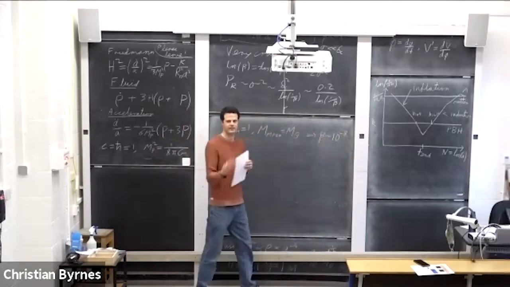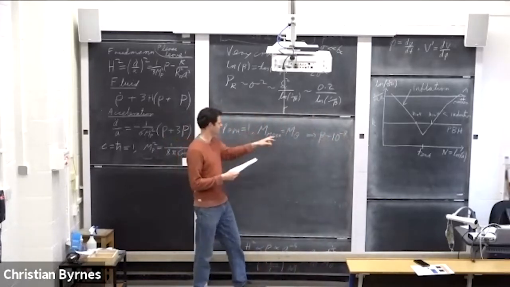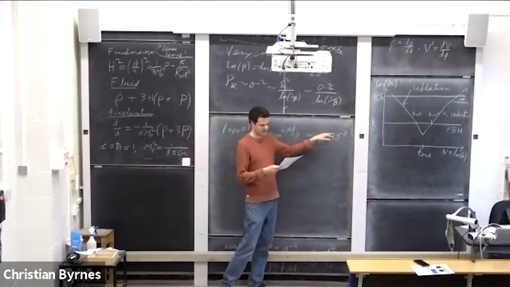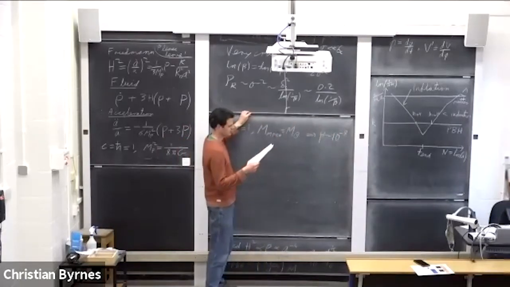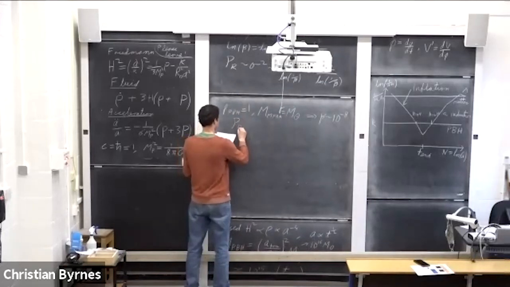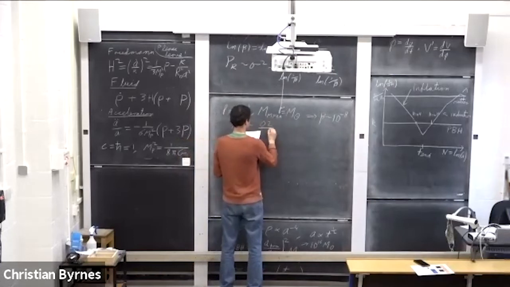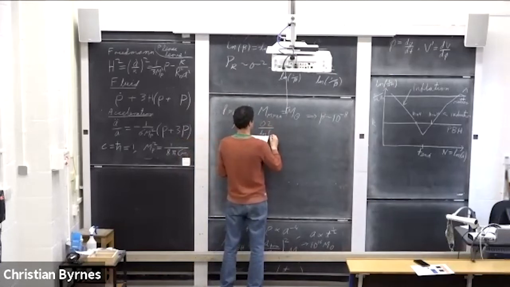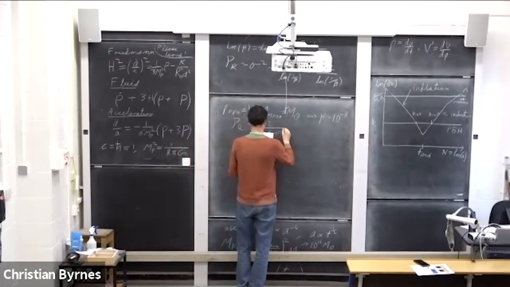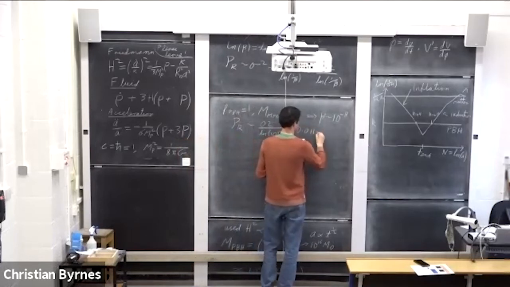Okay, based on the fact that the matter-radiation equality mass is 10 to the 16, so the inverse of this squared. Well, in that case, the power spectrum amplitude required is of order 0.2 divided by log of 1 over 10 to the minus 8, which is 0.011.